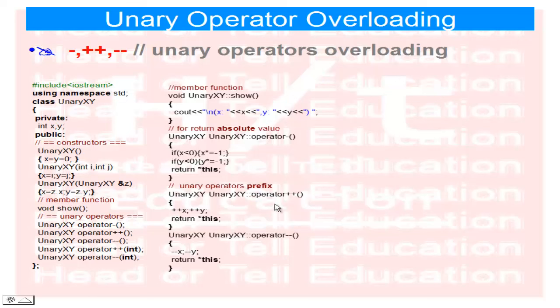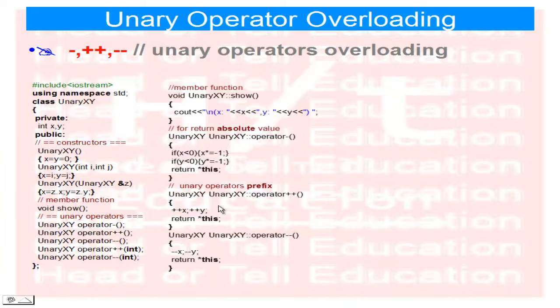Okay, now next, prefix operators, overloading the prefix operator. So the return type is unary xy class, and operator plus plus belongs to the unary xy class. So this is unary xy colon colon operator plus plus. Okay, so here the object's x and y are incremented, and return *this.